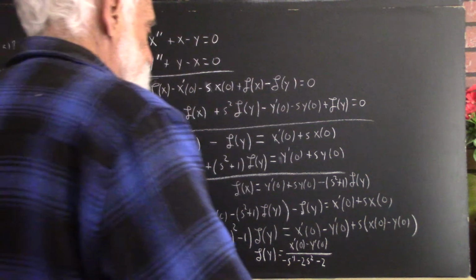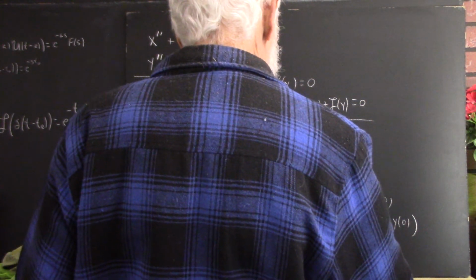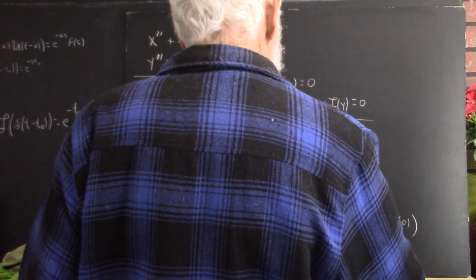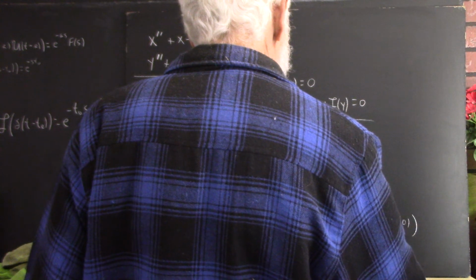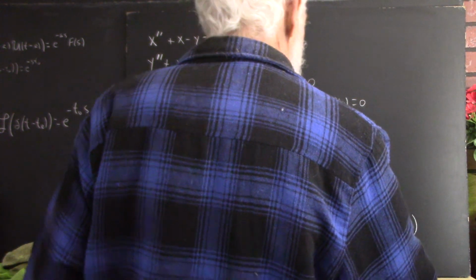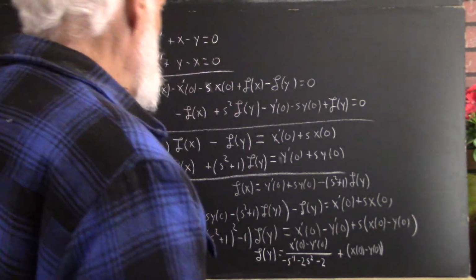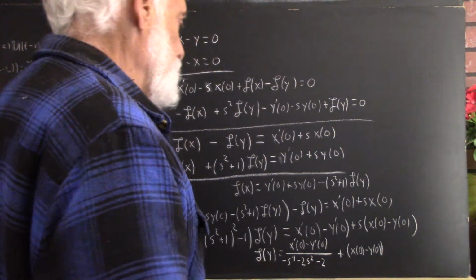And then I'm going to write this a little differently. I'm going to write this as quantity x of 0 minus y of 0, which is just going to be a number. And that's multiplied by then s over this denominator.